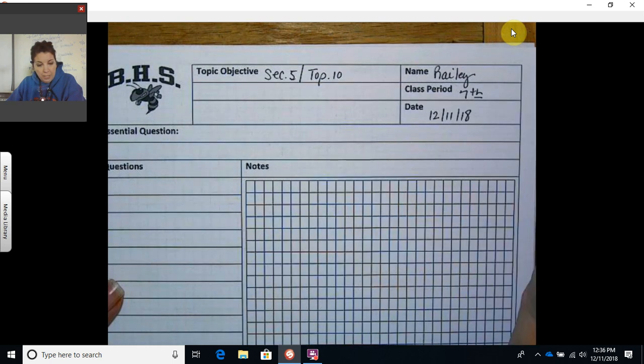And the topic is systems of equations involving a circle and line.